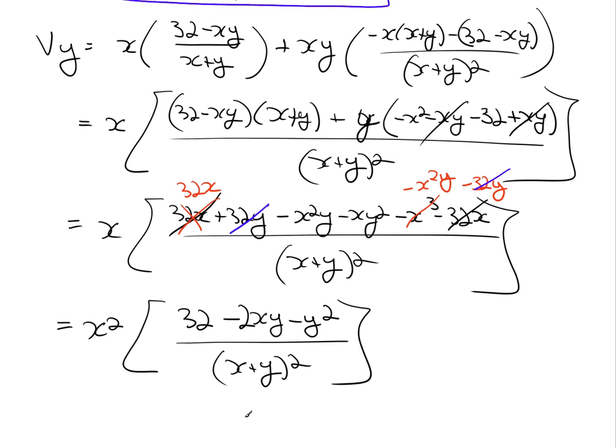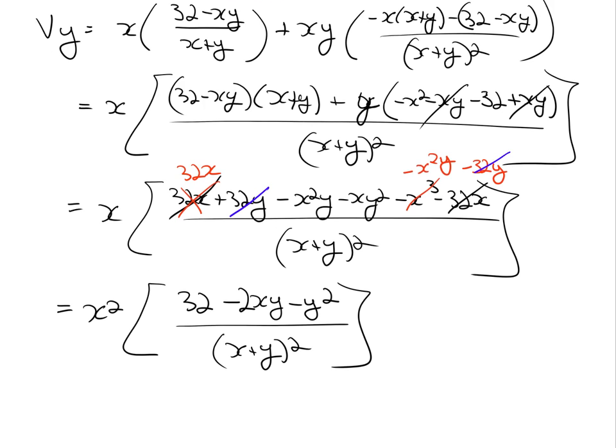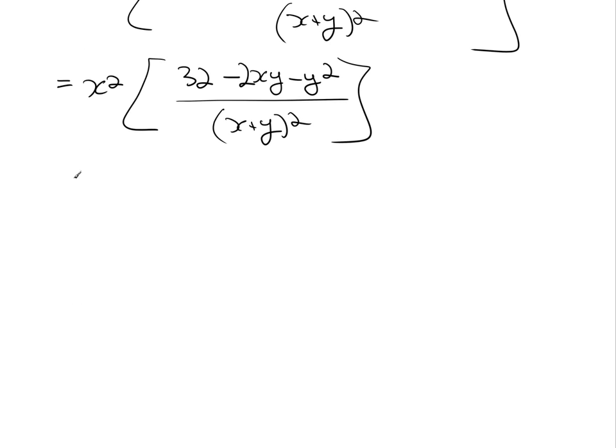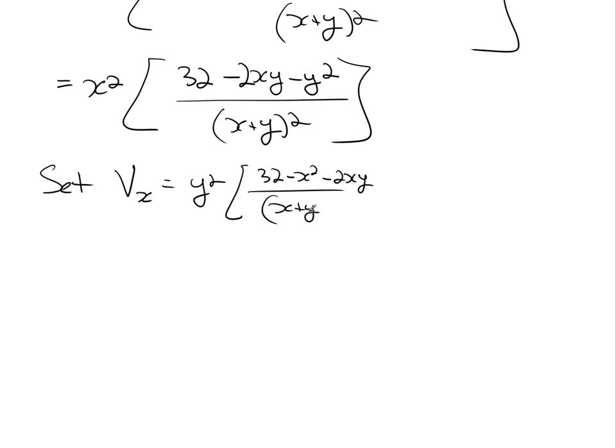So now what I want to do is I need to set the partial with respect to x equal to 0. So what I have is this is equal to y squared times 32 minus x squared minus 2xy over x plus y squared.